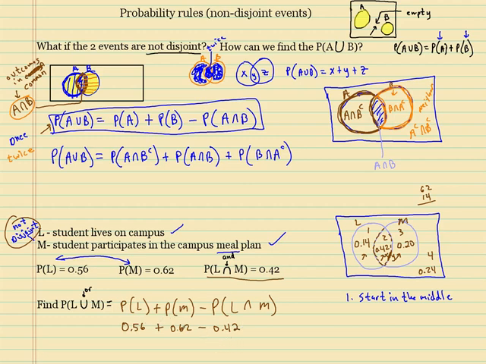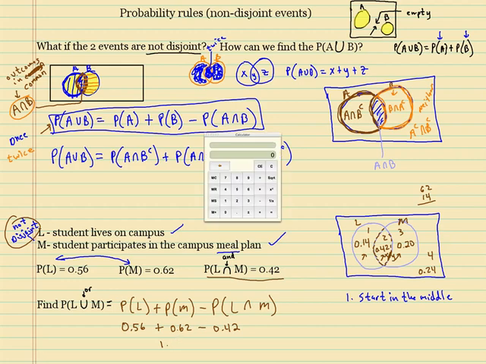So this would be 1.18, let's see, 5, 6, 11. I'll just use the calculator so I don't make silly mistakes. 1.18 minus 0.42. Okay, so that's your answer right there.